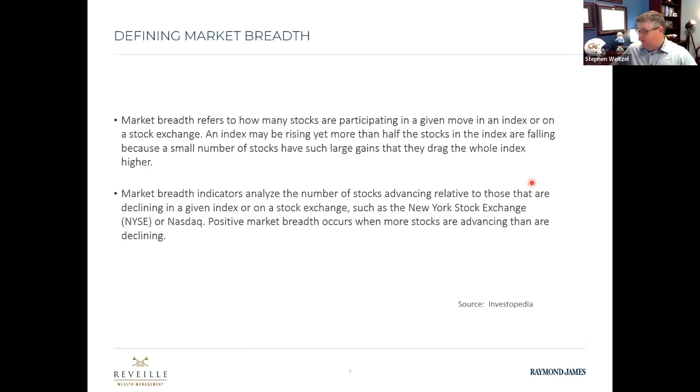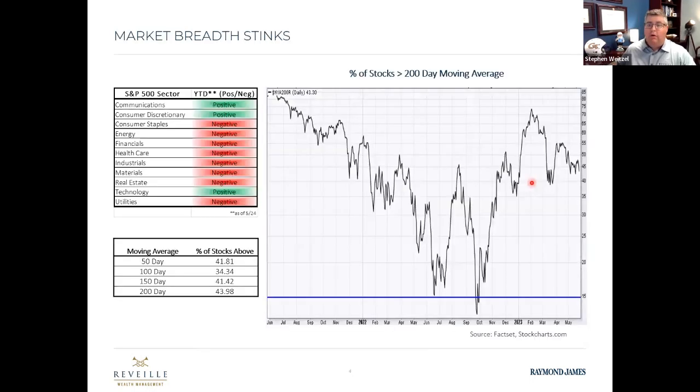And so that's something that we talk about in our monthly calls, where we're looking to be aligned with market trends, right? Our discipline wants to have us invested in areas that are going up and out of the areas that are going down. And so if we're going to be invested in areas that are going up, then we need to see beneath the surface. We need to have more of the constituents of those areas of the markets moving higher.